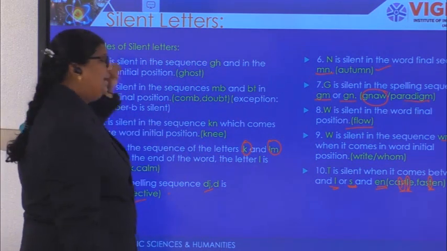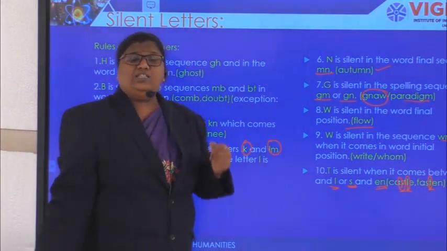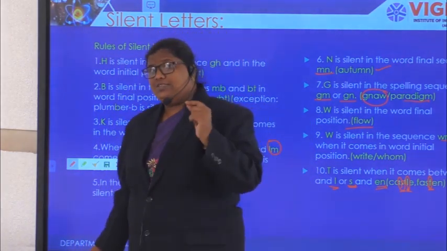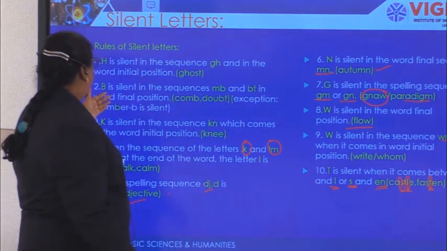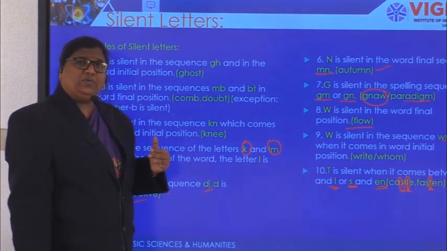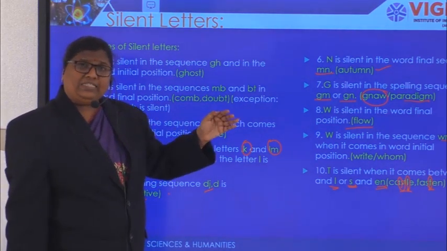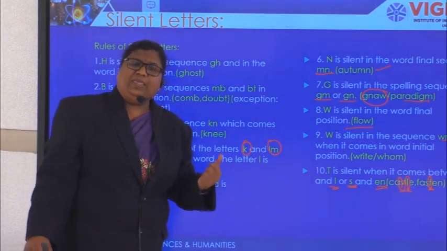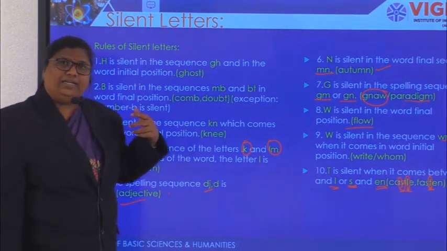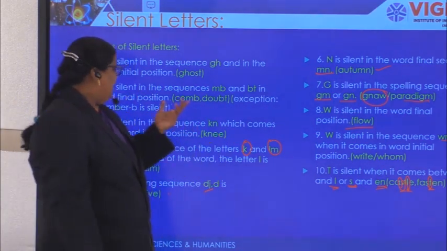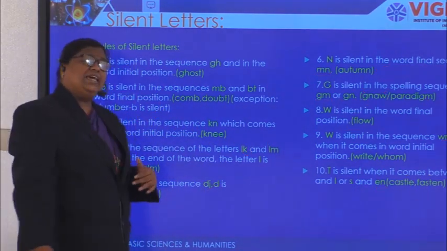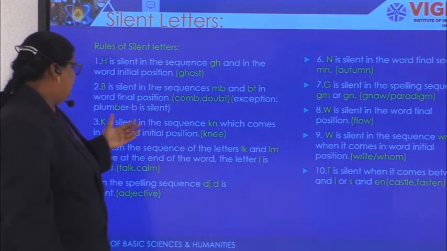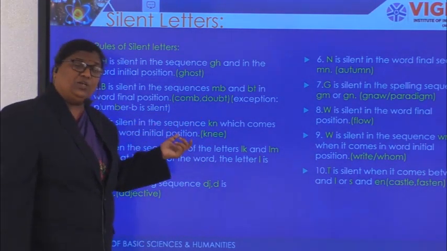Rule number 1, H is silent in a word sequence GH when it comes in the word initial position. So second rule is B is silent in a sequence MB or BT when it comes at the end of the word or word final position. Example, comb, doubt. And then third rule, K is silent in the word sequence KN in the word initial position.